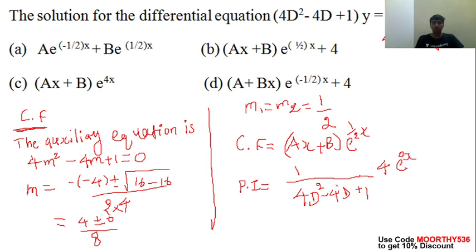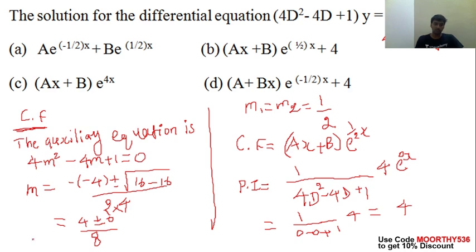The procedure is to replace D by 0. When replacing D by 0, we get 1/(0 − 0 + 1) × 4e^(0x), so the particular integral is equal to 4.